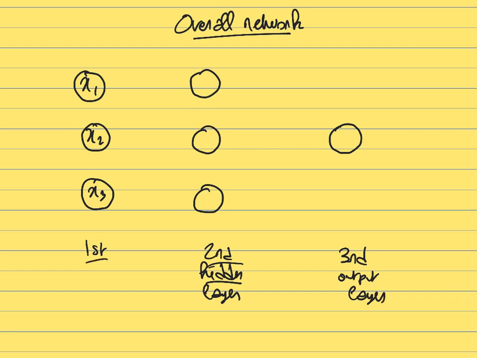The first one is just going to be the input layer, then the first hidden layer, the second hidden layer, and then the third, which in this case is the output layer.